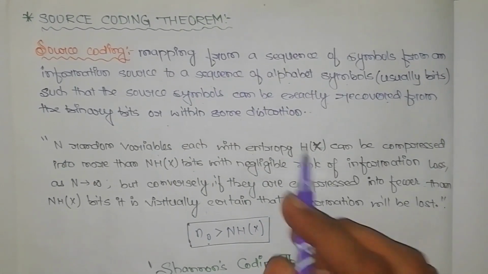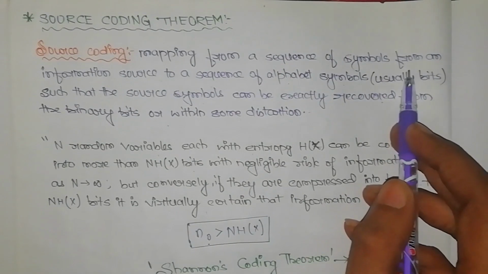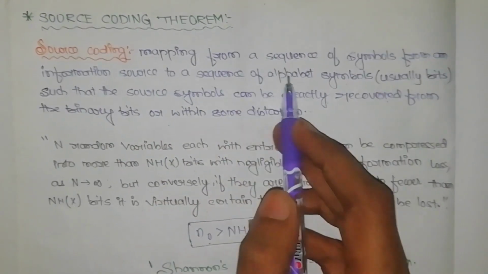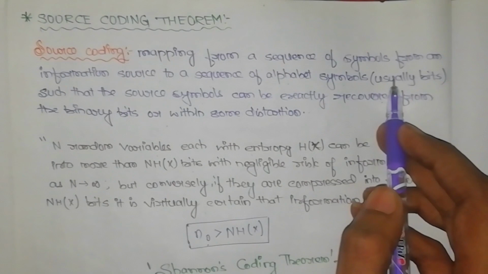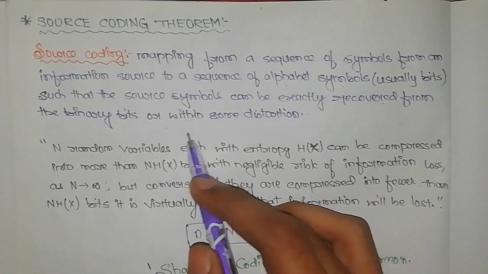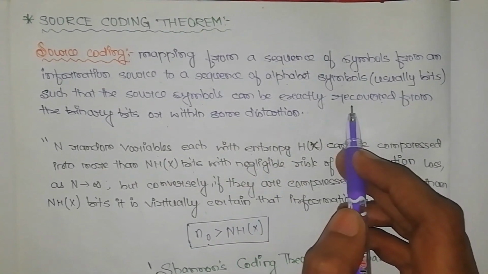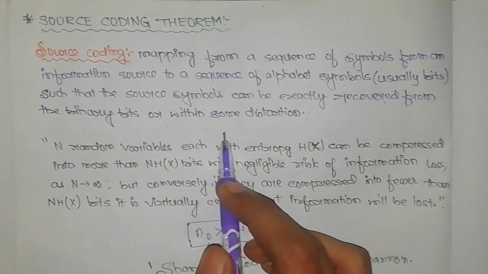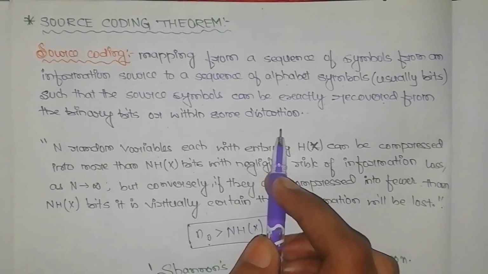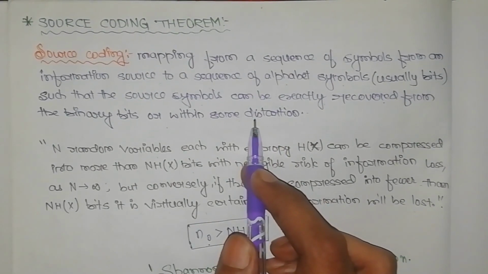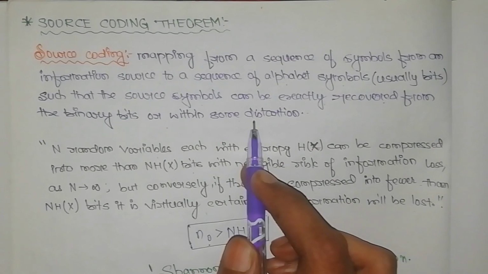Source coding is the mapping from a sequence of symbols from an information source to a sequence of alphabet symbols that are usually bits, such that the source symbols can be exactly recovered from the binary bits or recovered within some acceptable amount of distortion.